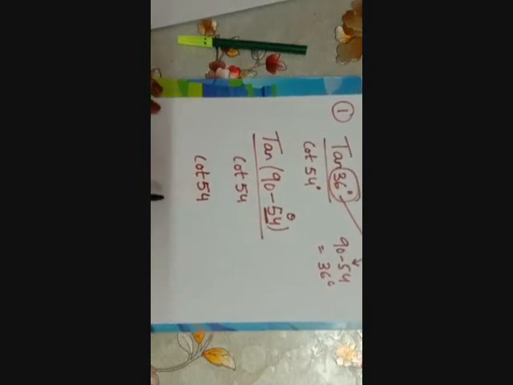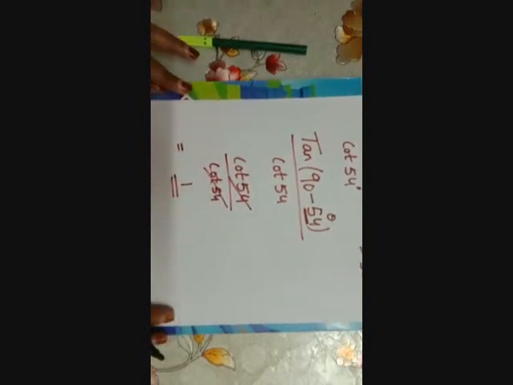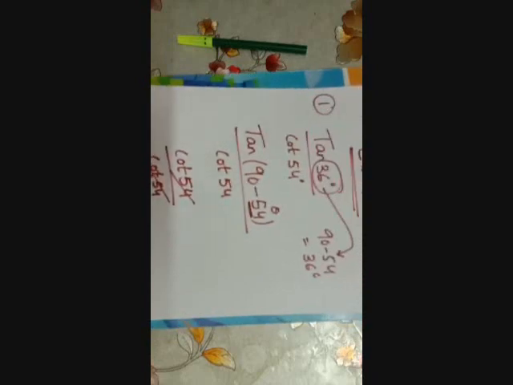Cot 54 by cot 54 gets cancelled and the answer is 1. See how simple and easy it is. The entire exercise is based on these formulas. Next, second problem.